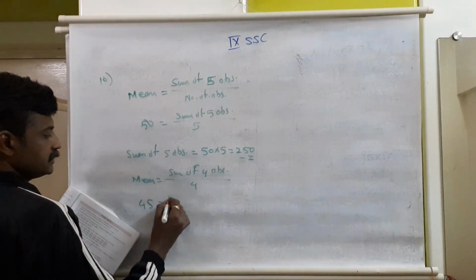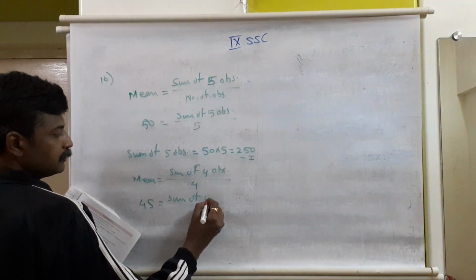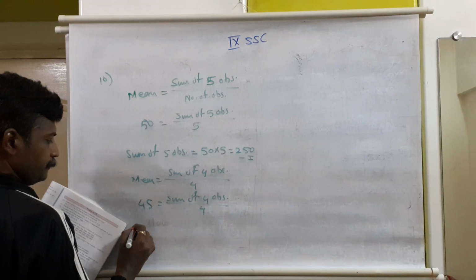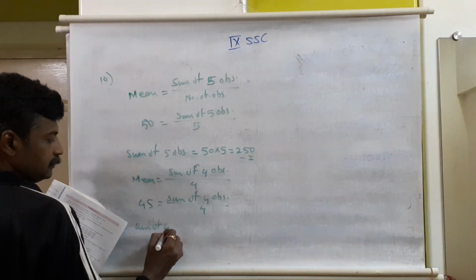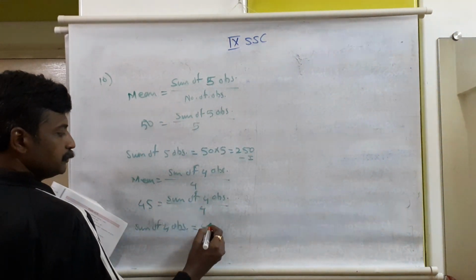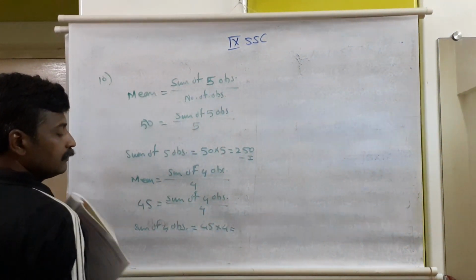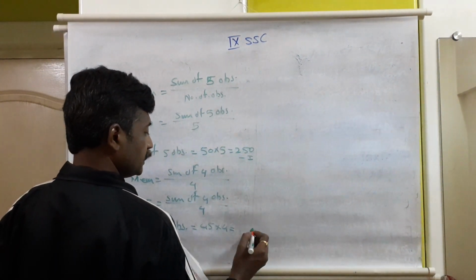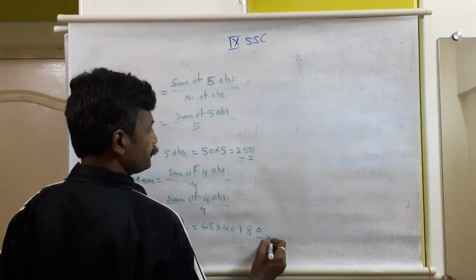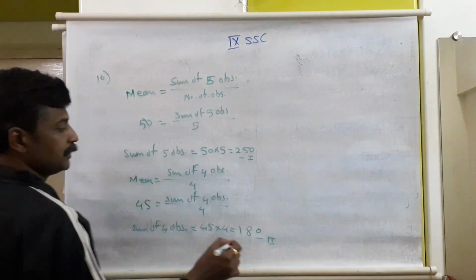So 45 is equal to sum of 4 observations divided by 4. Sum of 4 observations is equal to the product of these both, 45 into 4. 45 into 4: 4 5s are 20, so 0 carry 2, 4 4s are 16 plus 2, 18, so 180.